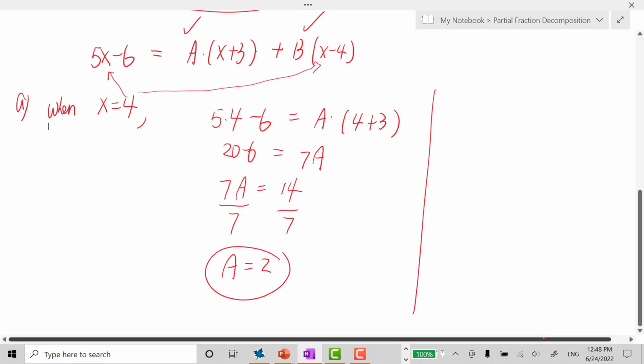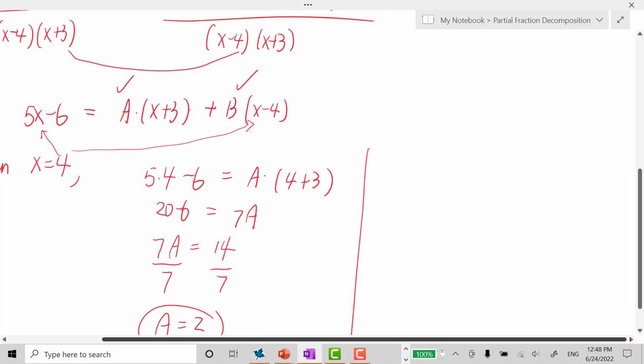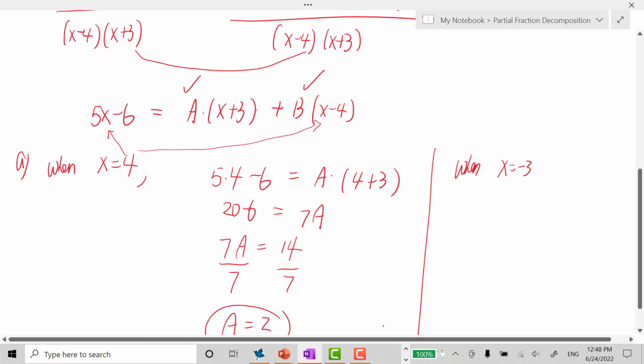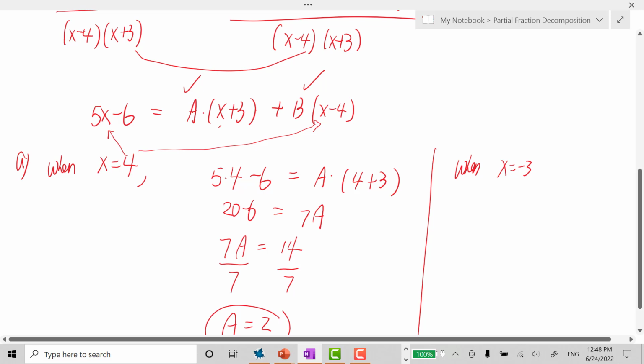Then we're going to learn how to get the value of b by using a similar method. Right here, if we assume x equals -3, then going back to this equation, when this x becomes -3, the a term is gone, because -3 plus 3 gives us 0, and 0 times a becomes 0, and we only have the variable b left. So let's plug in -3.